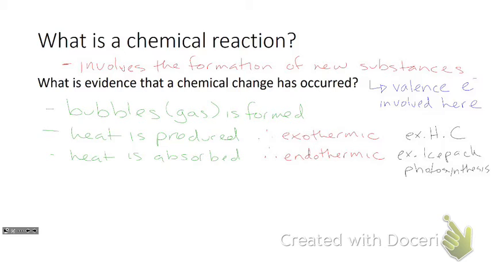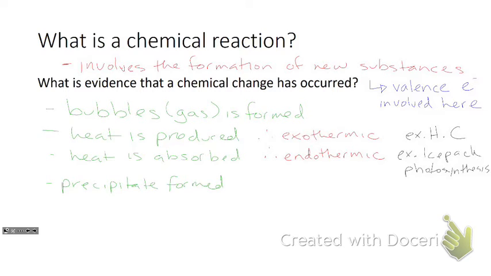We could have a precipitate. If you're adding two things together and then something settles out into the bottom, that's what a precipitate is. It precipitates to the bottom, just like rain. They call it precipitation because water is coming down, right? So a precipitate is formed.